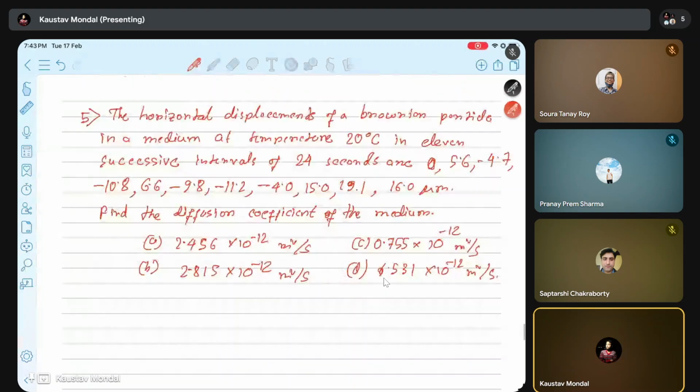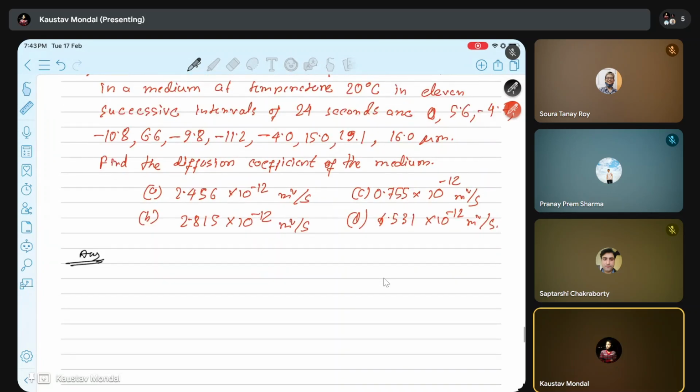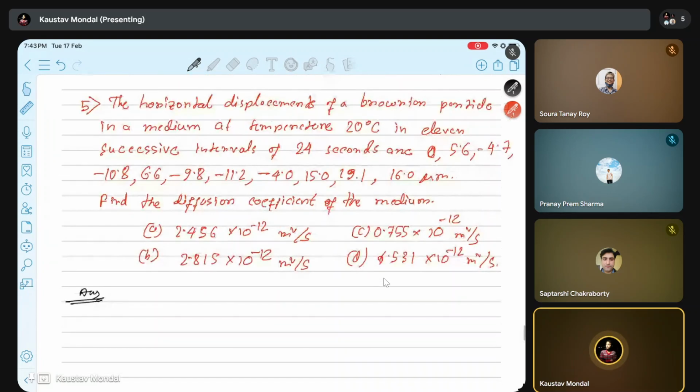Okay, now here, this is a very interesting problem. So now here we know the diffusion constant. What is the relation of the diffusion constant in terms of MSD and the time scale on which you are doing the measurement of MSD?